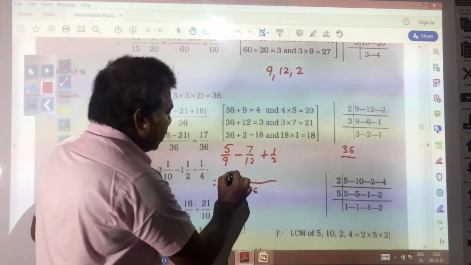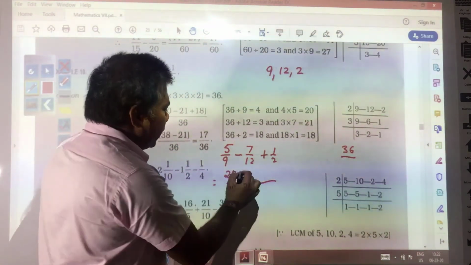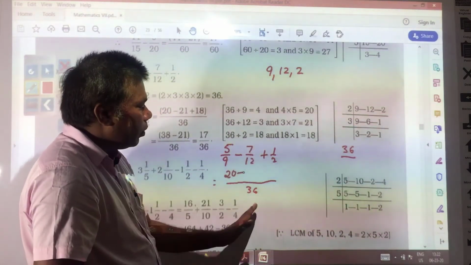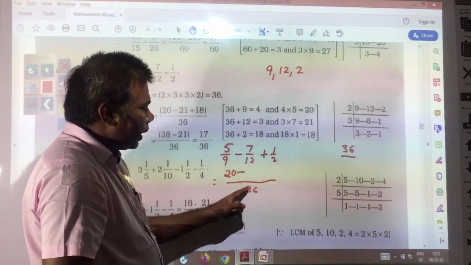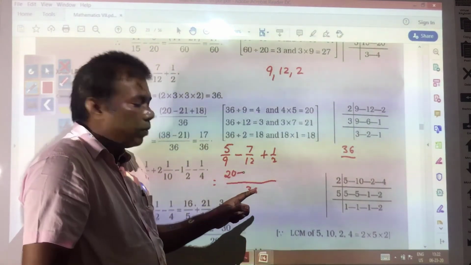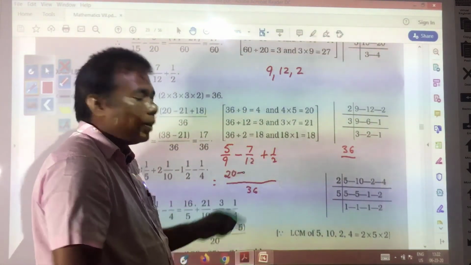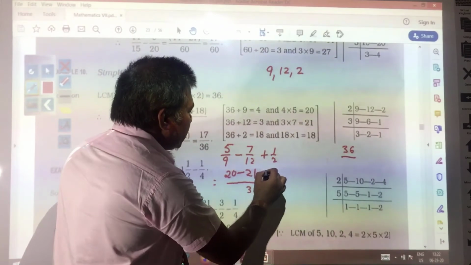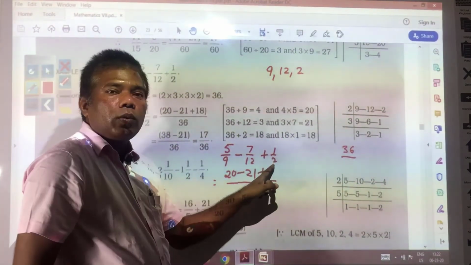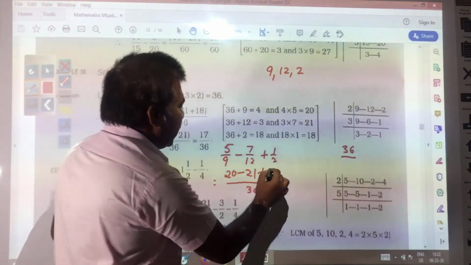So, 4 times 5 is 20, minus, the same thing is done here. You divide 36 by 12, 12 times 3 is 36 and 3 times 7 is 21, plus you divide 36 by 2, 18 you will get, 18 times 1 is 18.